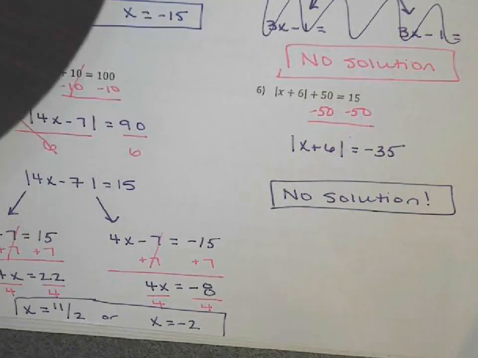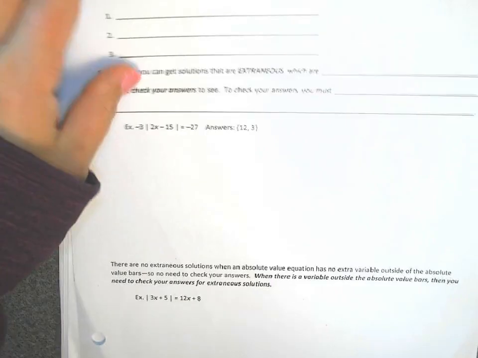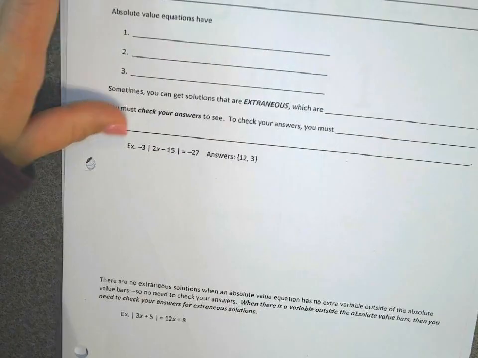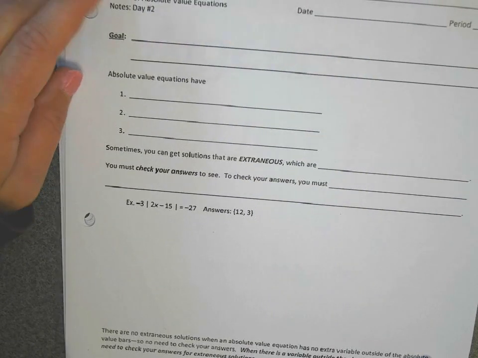Okay, so now let's turn the page and we're going to talk about extraneous solutions. So the goal on this set of notes is to solve absolute value equations and check for extraneous solutions.